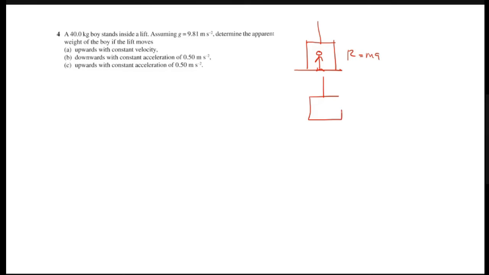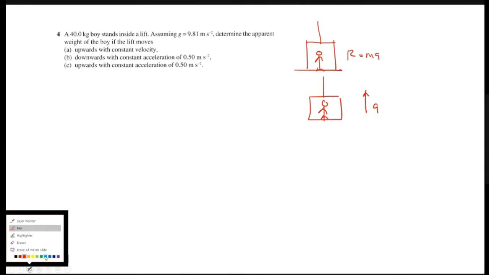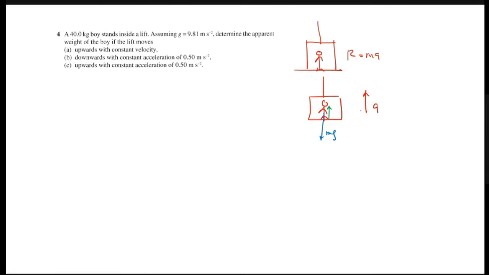If the lift is going upwards with acceleration A upwards, this is the R, and this is the mg pointing downwards.